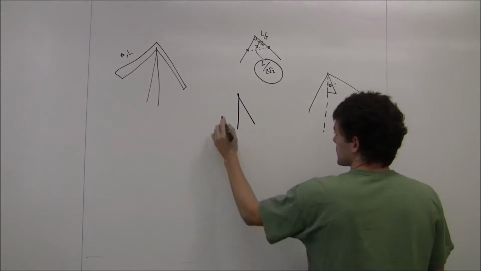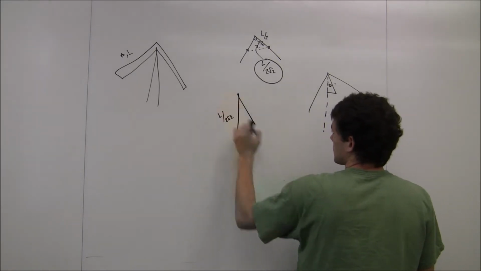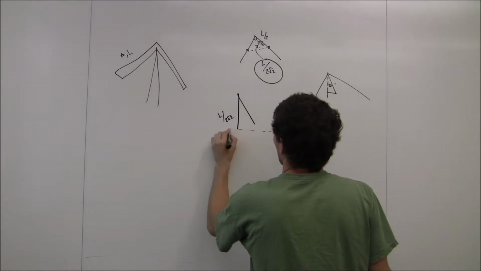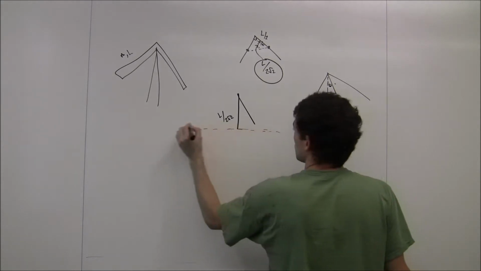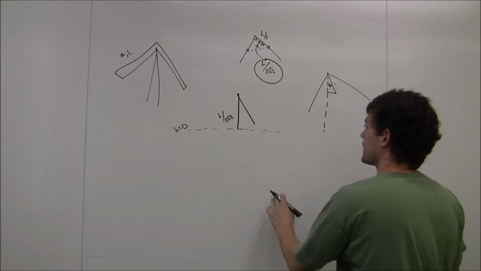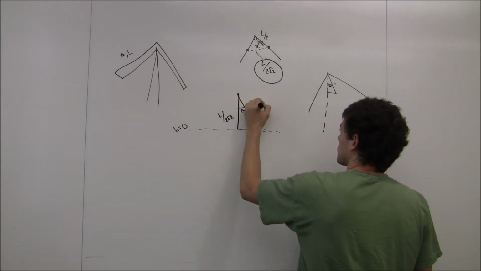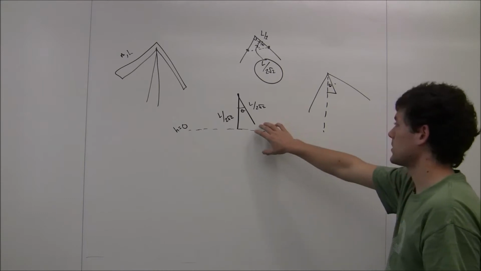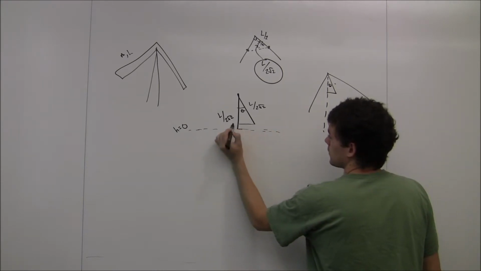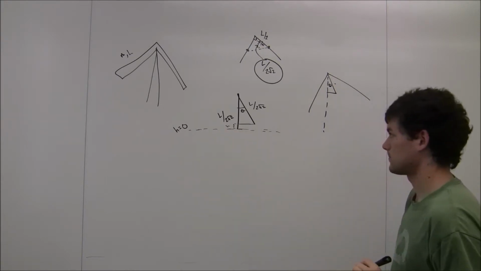So if the equilibrium position has a distance L over 2 root 2 from our height of 0 up to the connection point of the two sticks, and at some angle theta, the center of mass is going to be up here, then all we need to do is figure out what this height here, h, is going to be.